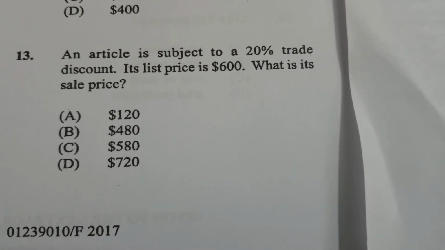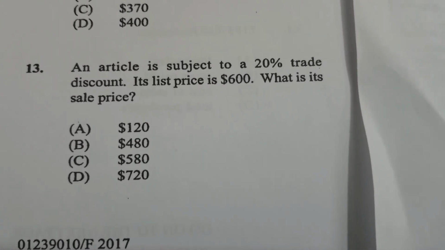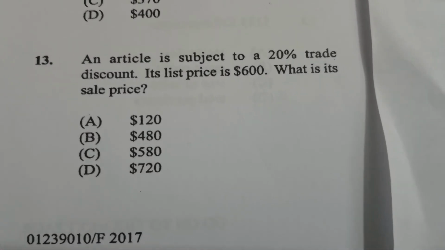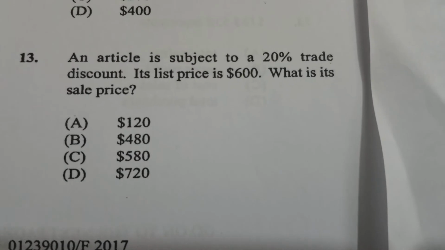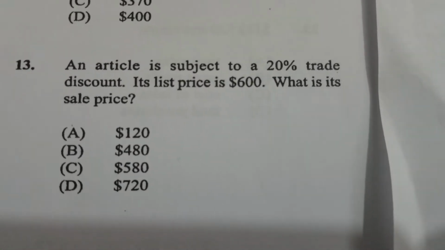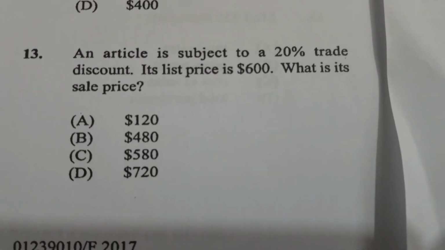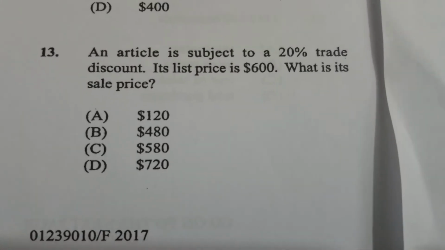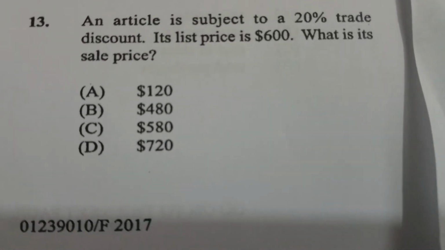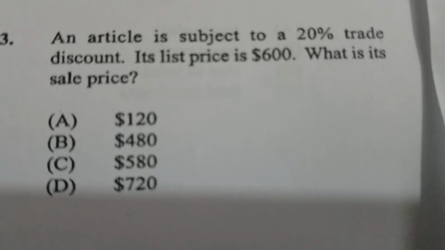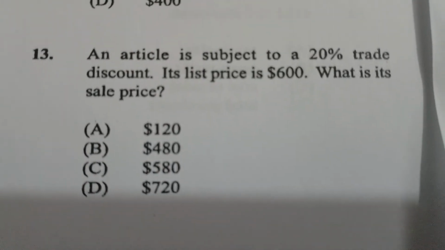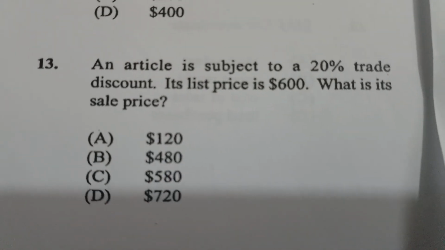How much are you actually going to be asked to pay for the goods? You're going to find 20% of the $600. 20% of that is going to be $120. Subtract 120 from 600, you're getting 480. So the answer would be B.